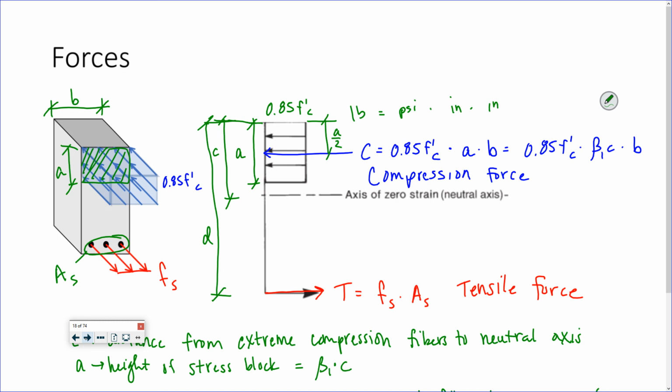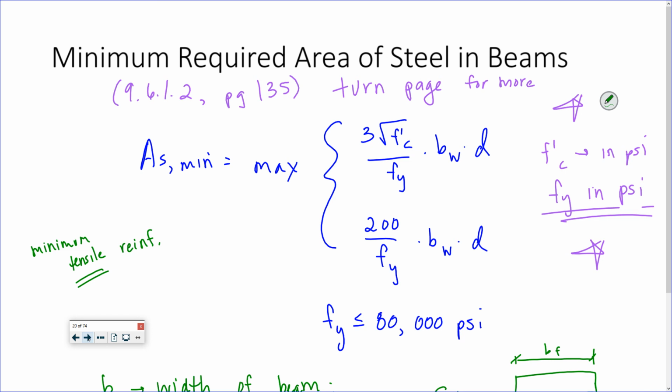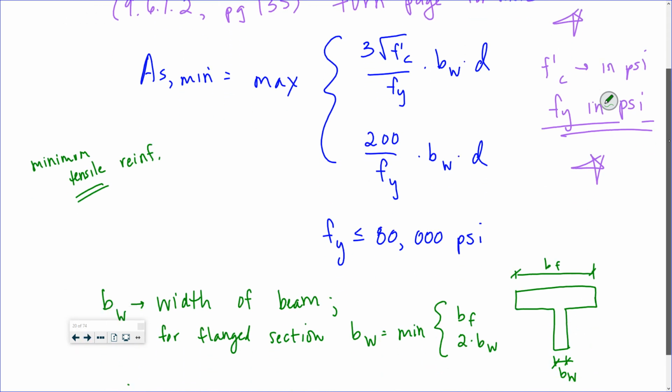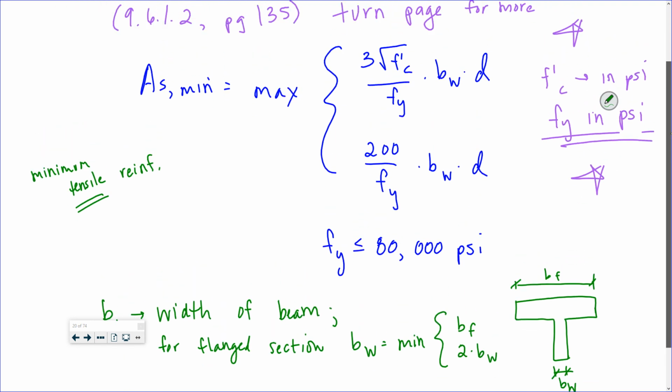Beta 1 times C, C is an actual value. And our minimum area of steel is based off of our material properties, F prime C and Fy, and our dimensions, the width of our beam and the depth from the extreme compression fibers to the centroid of the tensile reinforcement.